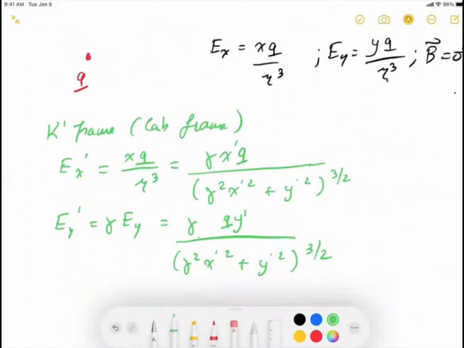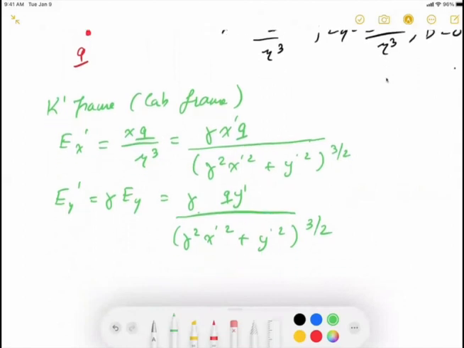So that's why we're able to change that y to a y prime. So this is identical. We're not doing z because y and z would be identical, right? Because there's rotational symmetry around the x-axis.